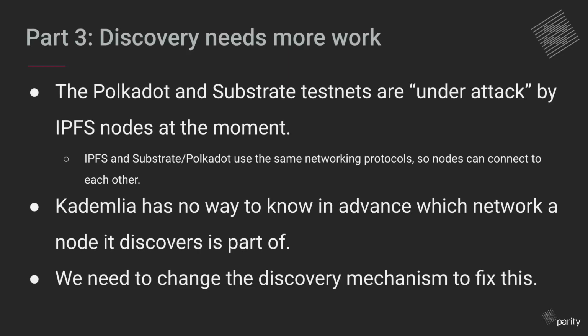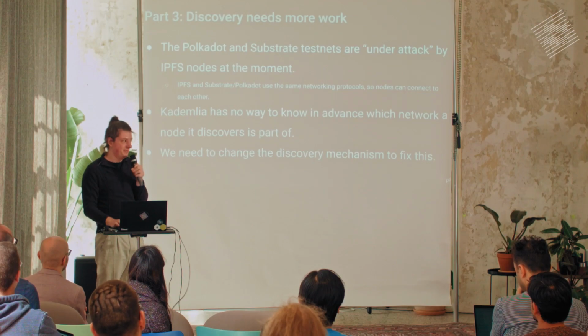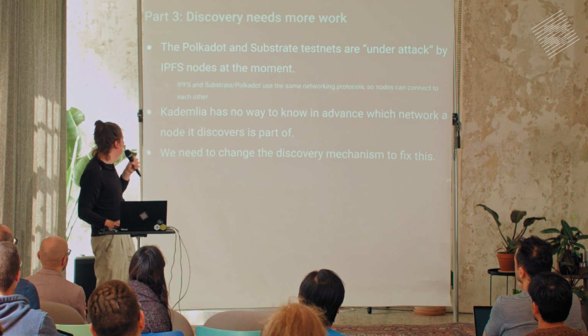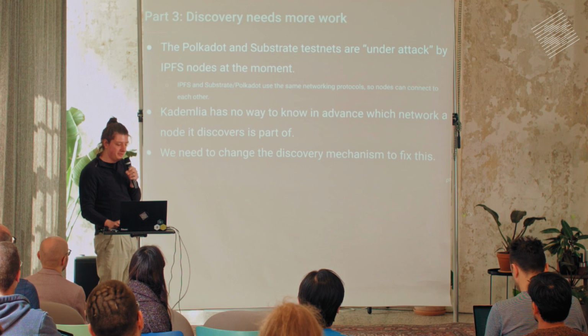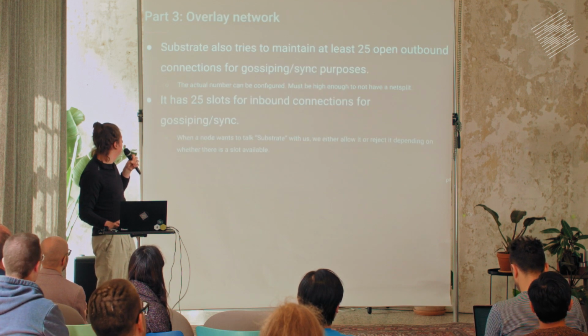In order to solve that, we have to change our discovery mechanism, because right now we have no way to differentiate between IPFS nodes and non-IPFS nodes. Kademlia has no way to know that.